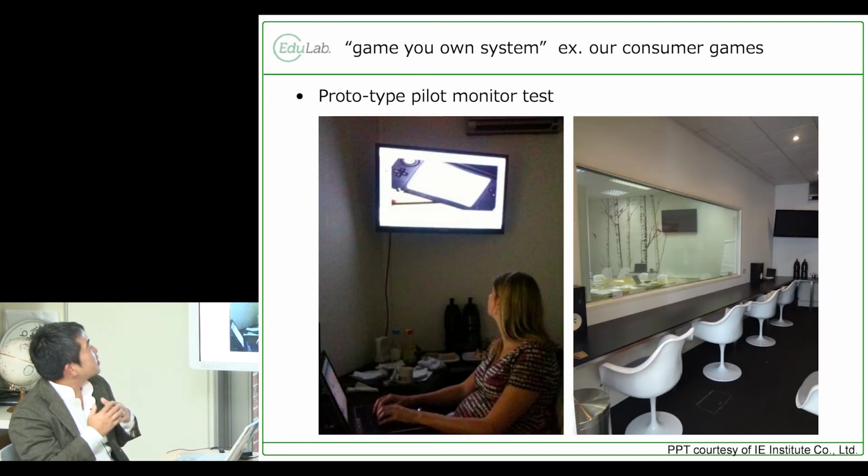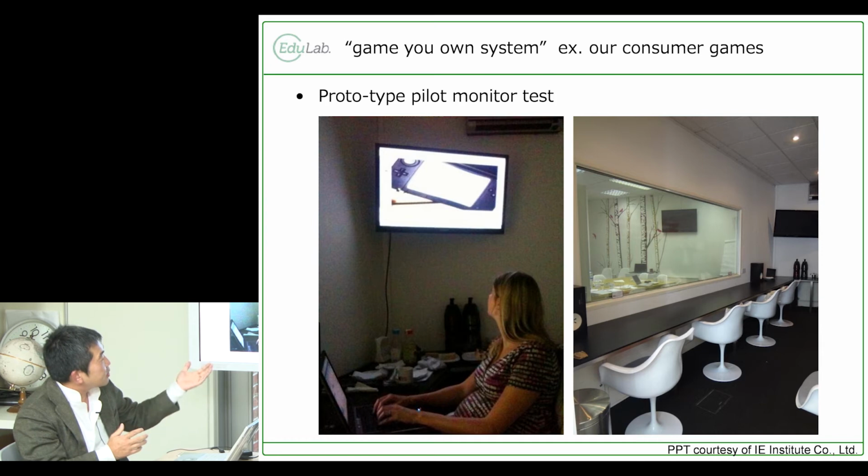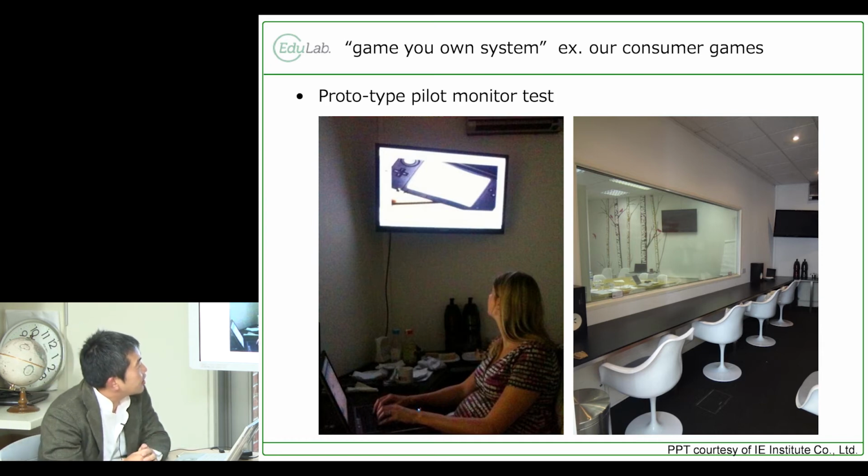So what we do, this is a picture of a place where we did pilot testing. We design a game and see whether it's designed in an optimal condition, and we do a lot of pilot testing and monitor testing.